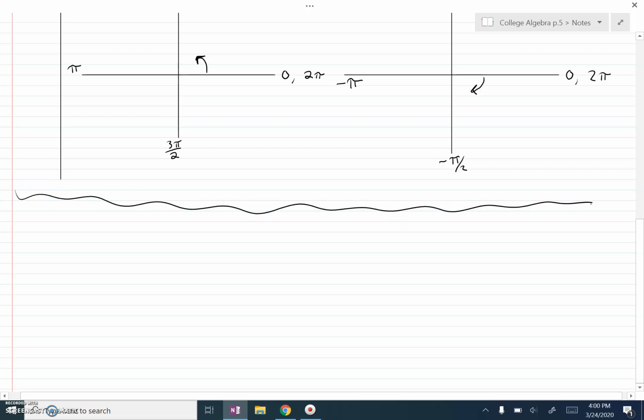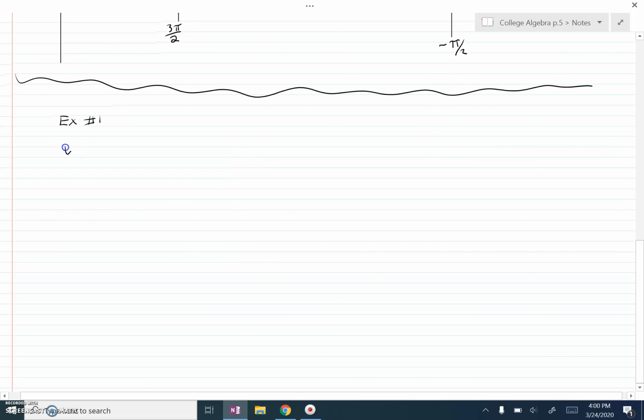So let's say we have a question that asks us, what quadrant is pi over 5, and negative 11 pi over 2? Okay, so what quadrant are those two?